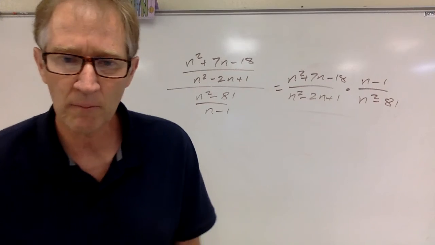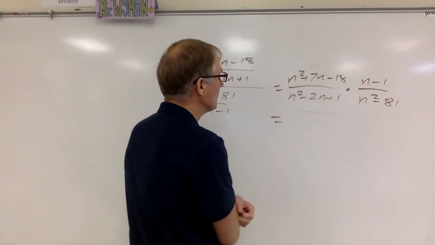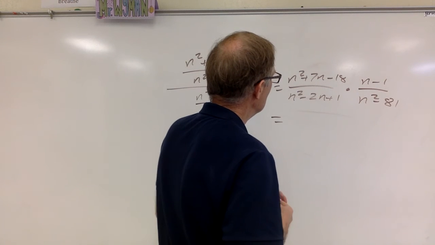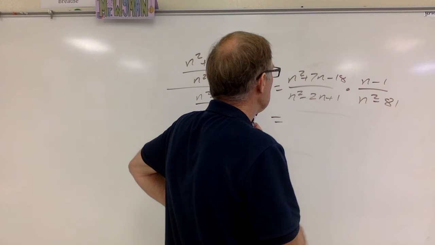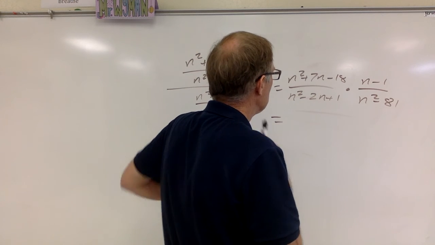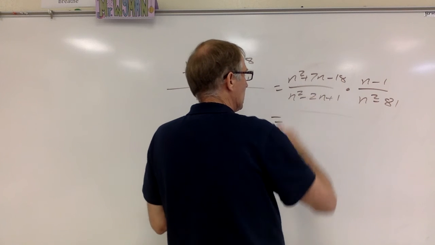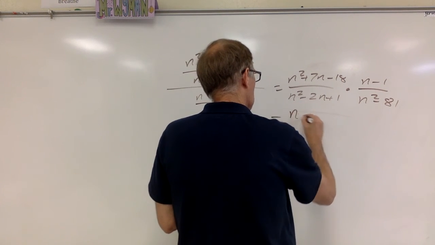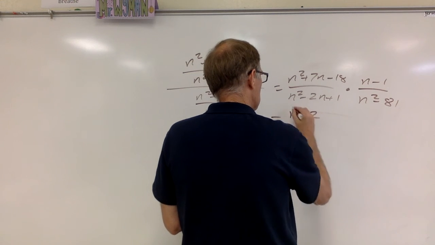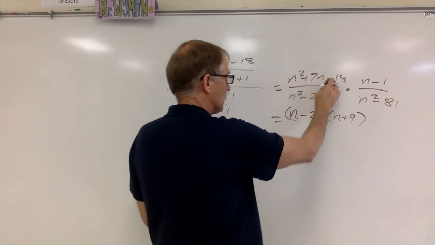Let's see what we can come up with here. Okay, so 18 is 3 times 6, it's 2 times 9, so positive 9 and negative 2. n minus 2, n plus 9 are the factors of this.